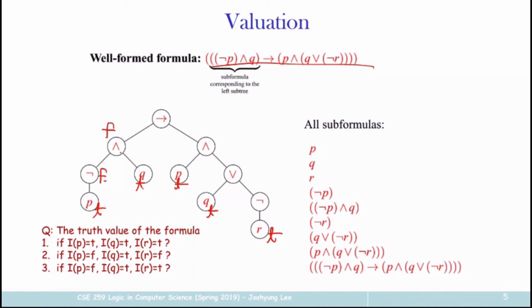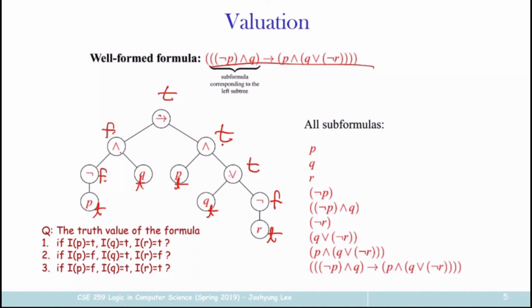So this is true and false, so true or false is true, and this was true and true, which is true, and this is false implies true, which is true. I just did it bottom-up using the table that we saw earlier.